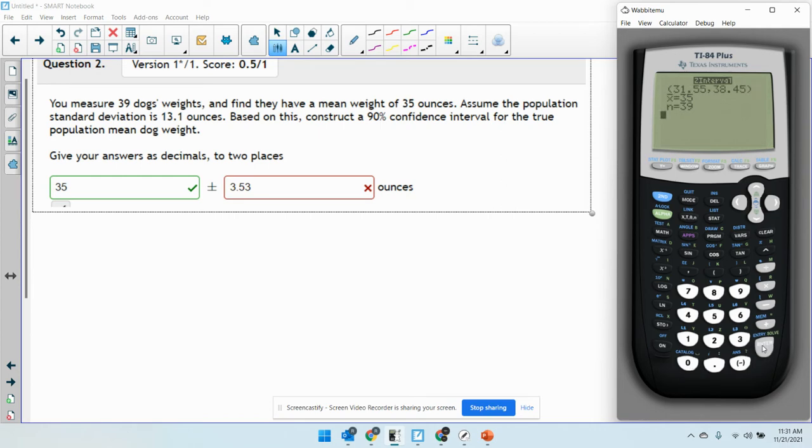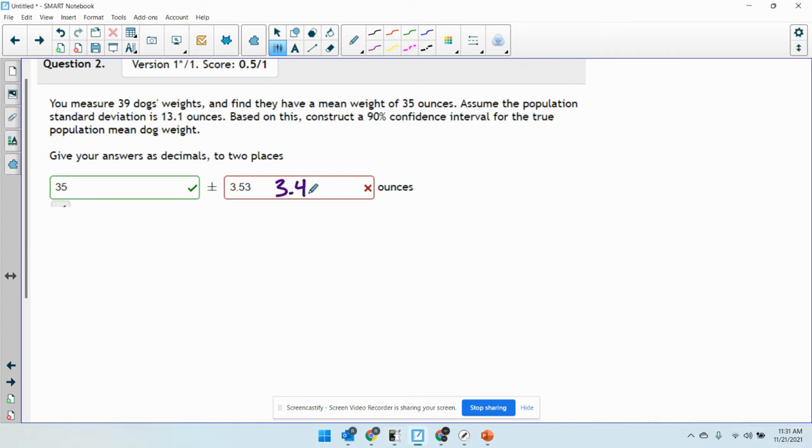So we'll hit calculate. Now we have 35 plus or minus something to get these two values. To figure out what I'm adding and subtracting to 35, just take the larger of the two and subtract 35. So 38.45 minus 35 is 3.45. So this should be 3.45.